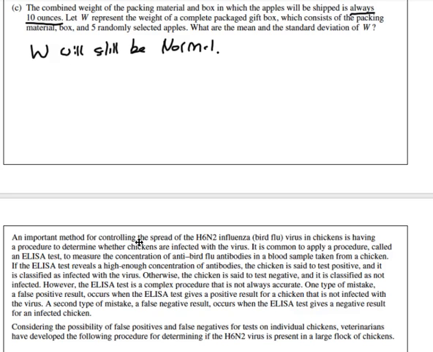So the new mean is going to be the 45 ounces we had before plus the 10 for that new packaging material. So the new mean is going to increase by 10, to 55.